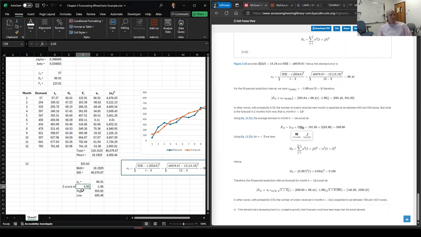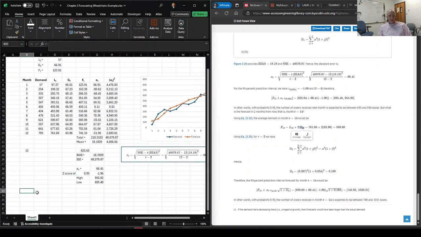Okay, so let's go ahead and do, I don't know if this is messy or not, but we'll try to do a week 14 right here. What's the forecast going to be? The forecast is going to be the level demand from week 12. Look at that. Plus 2 times the growth from week 12. And that's what we're doing here. We have a level demand week 12, 761, plus 2 times that growth from week 12.